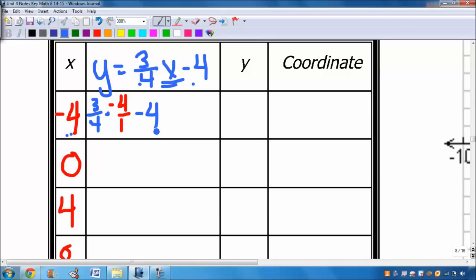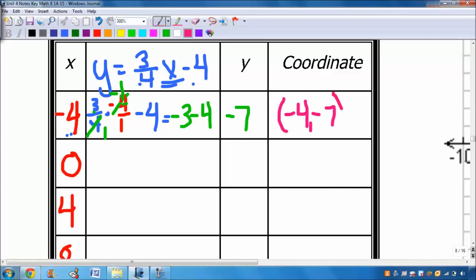Okay, so then I end up getting, well, this 4 right here and this -4 will cancel each other out. This will become a 1, this will become a -1, so I end up getting 3 times -1, which is -3. And then I just copied the rest down, which is -4, so I get -7. So that means that my coordinate here would have to be -4, -7.